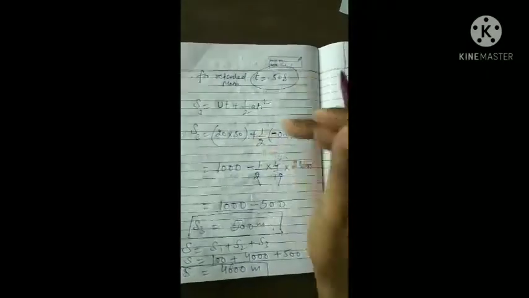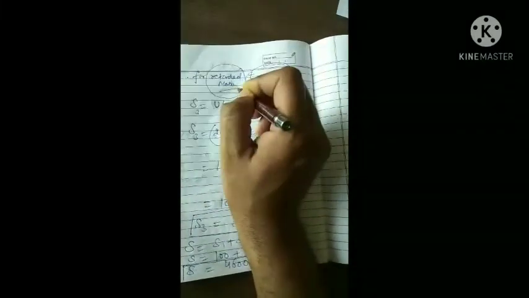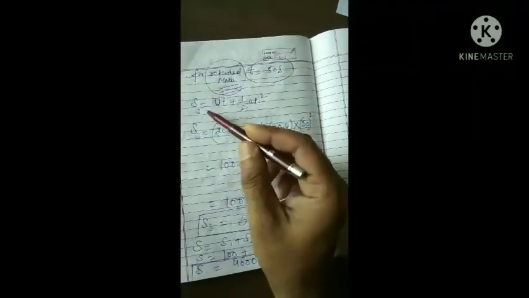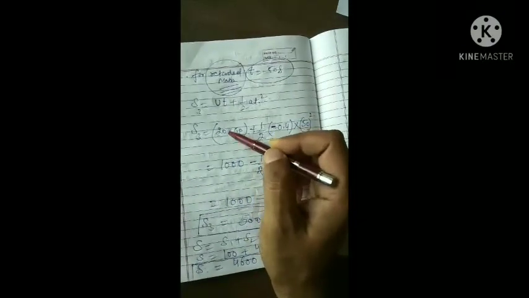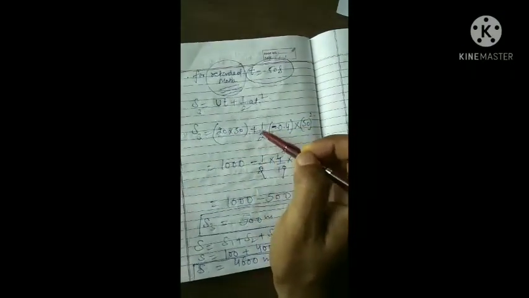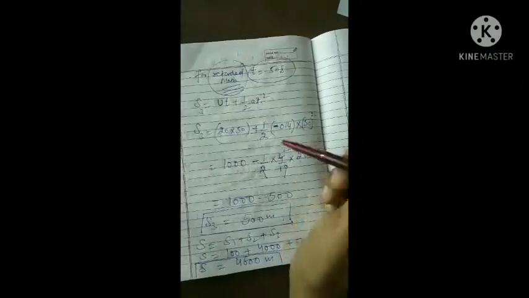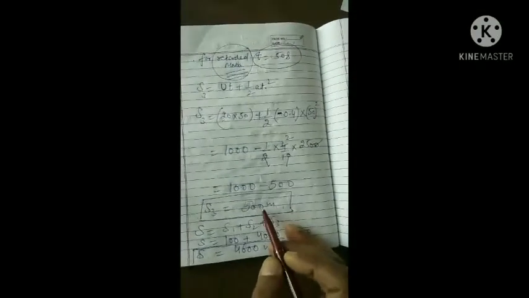Now the last part, S3 is equal to ut plus half at square, but this is for retarded motion, and for how much time is it retarded? For 50 seconds. So S3 is 20 into 50 plus half, in place of a you can write minus 0.4, into 50 square. If you solve, you will get 1000 minus 500, that is 500 meter.